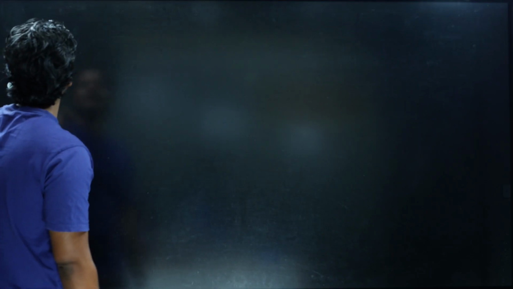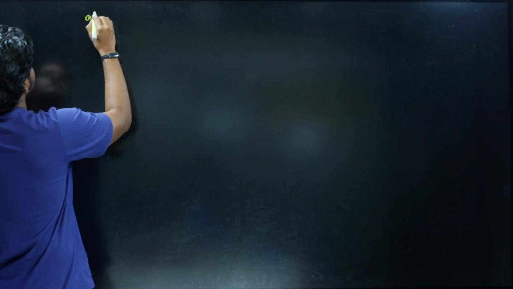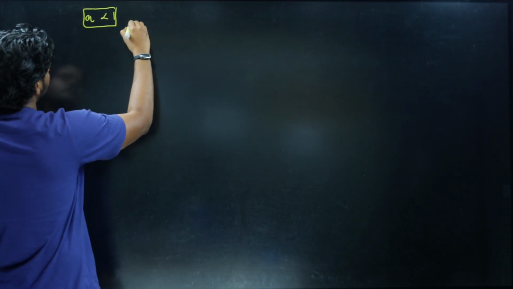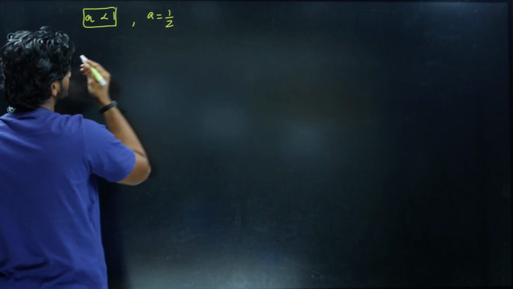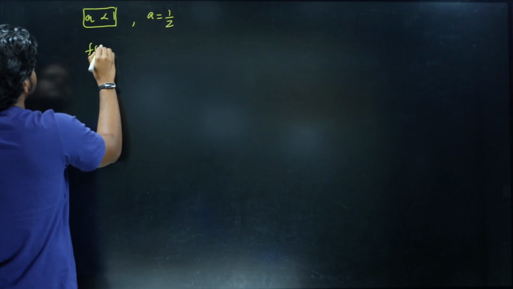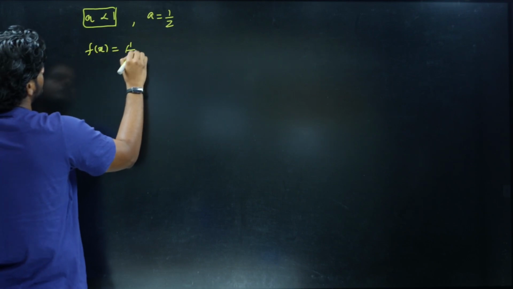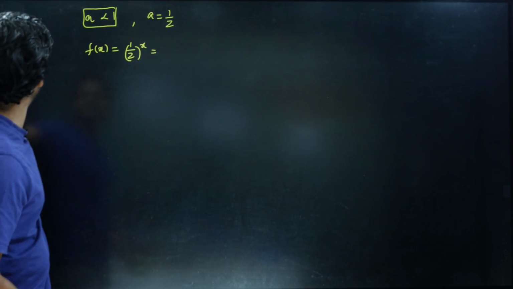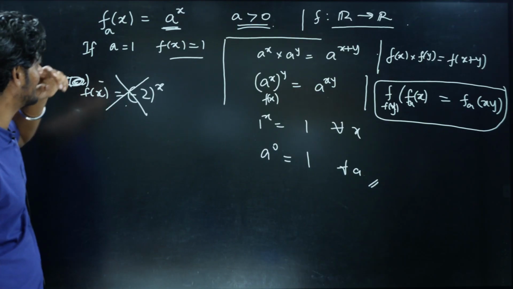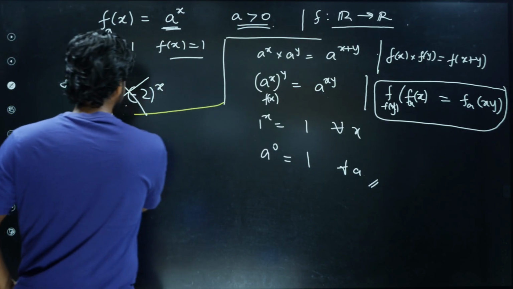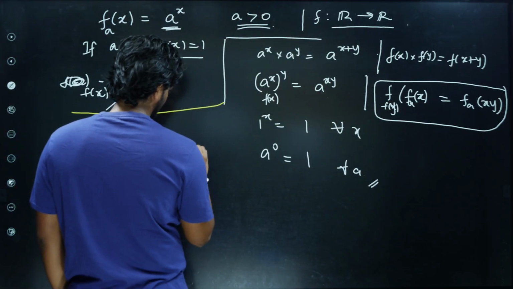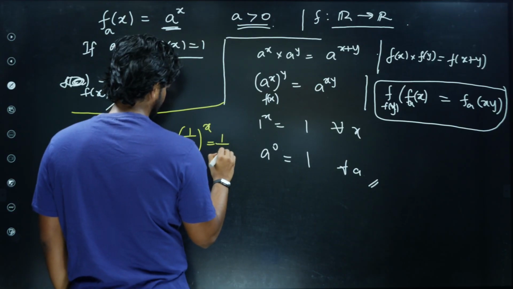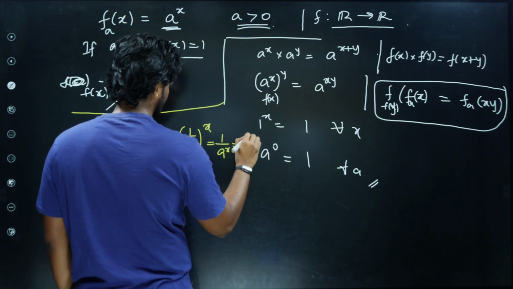Now, what about when I take a less than 1? Let's say a is 1 by 2. Then my f of x will be 1 by 2 whole power x. So here we will see a little thing: 1 by a whole power x is 1 by a power x, which is a power minus x.